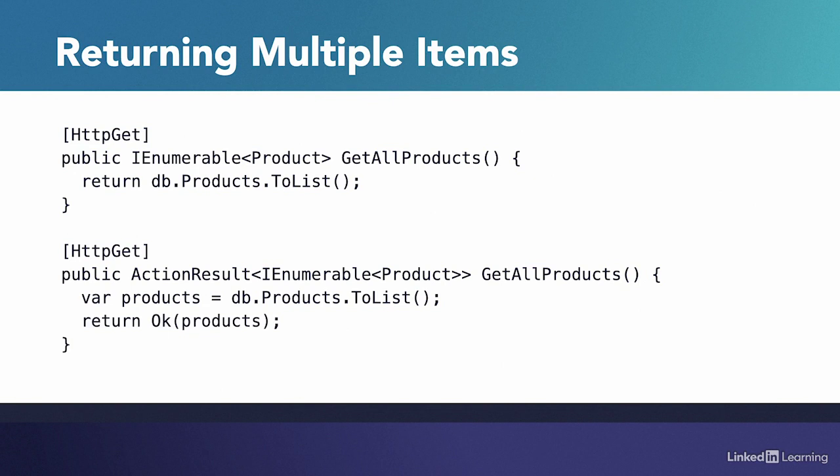The return type of the GetAllProducts method is not IEnumerable of Product any longer, but ActionResult, or ActionResult of IEnumerable of Product. Therefore, we cannot do a return and then the list of products. Instead, we can do return Ok of products. So the list of products is now an argument to a method called Ok.